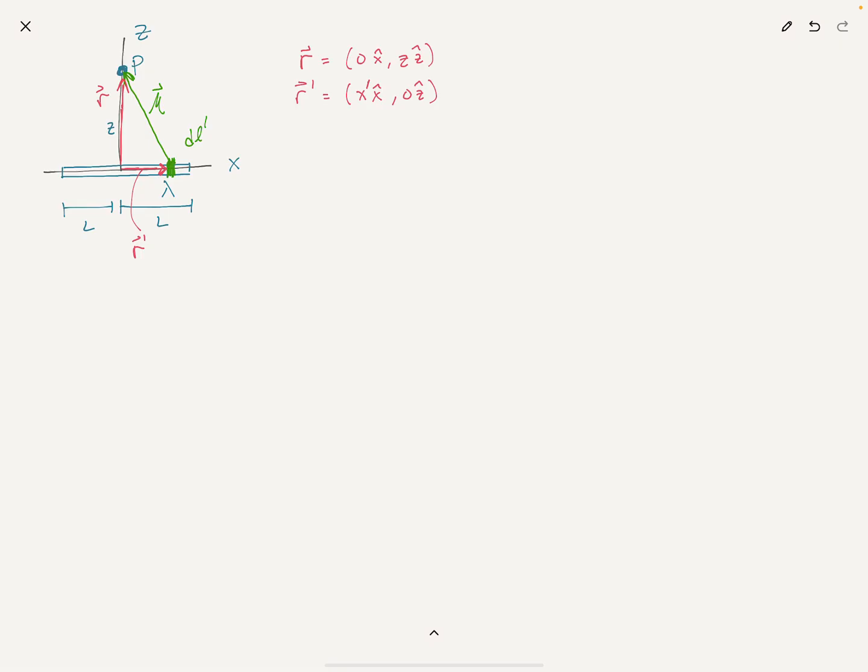Okay, so that means that if I have R and R prime, I can calculate what my script R vector is. That becomes R minus R prime, right? Because it points from the source to the field. Which means that I have minus x prime in the x-hat direction plus z in the z-hat direction.